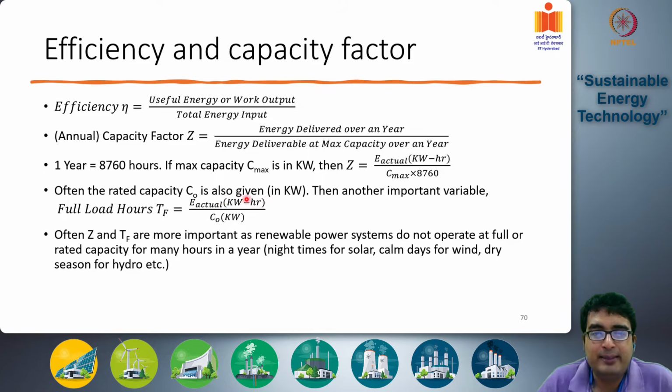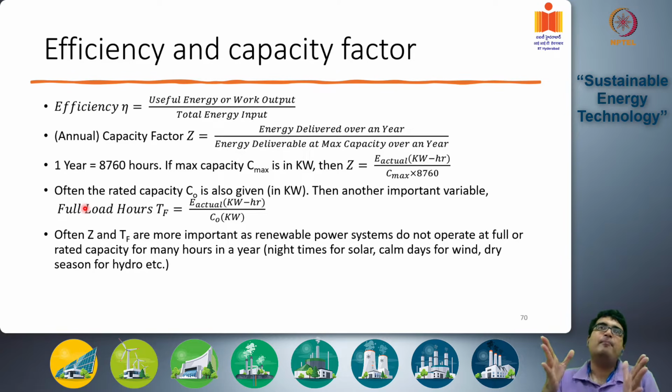So in this context, the unit is kilowatt hour by kilowatt. So the unit here is in hours. So that is why it is called full load hours. Physically, it is the number of hours this power plant has to run at its rated capacity to deliver the energy that it actually delivered over the period of a year.